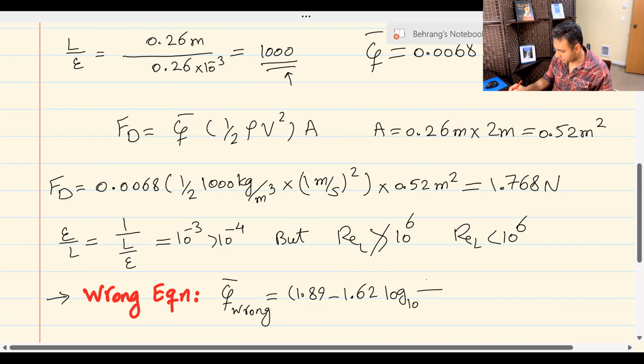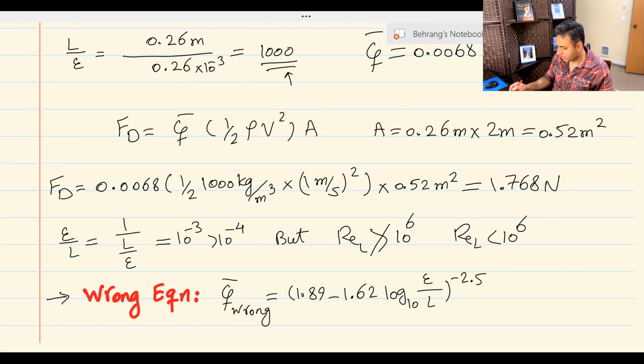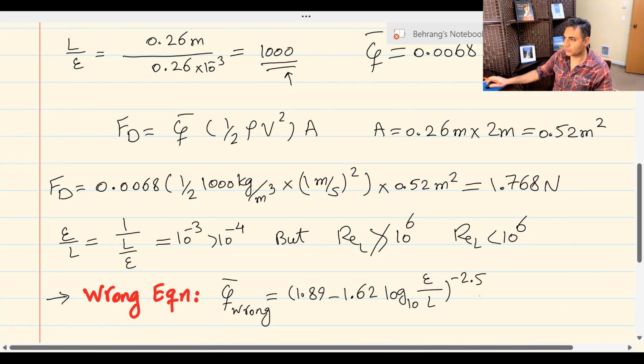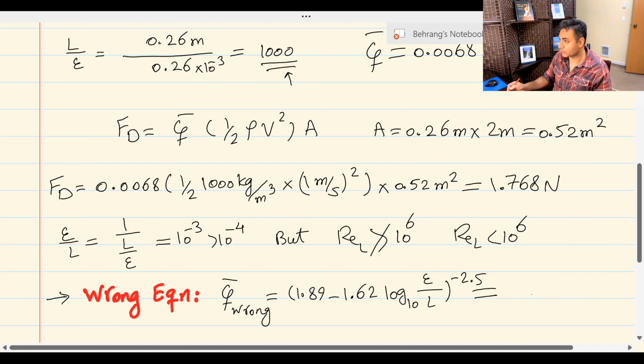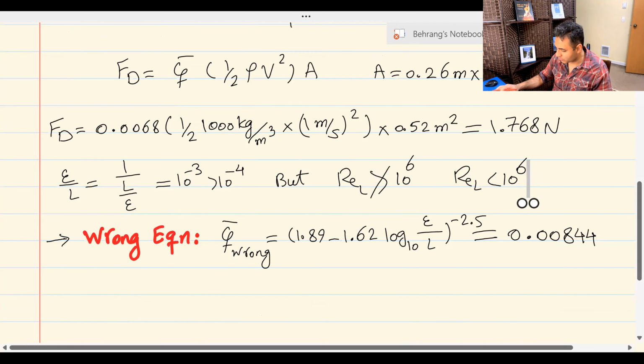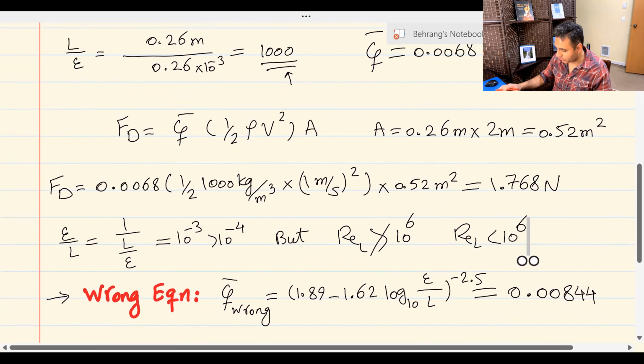Epsilon over L is that value that we got, 10 to the negative third in this case. Just to see the difference, I already calculated this, and the value that I got for this wrong equation is 0.0844.